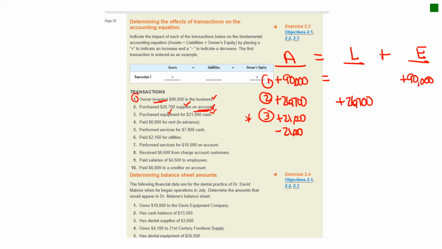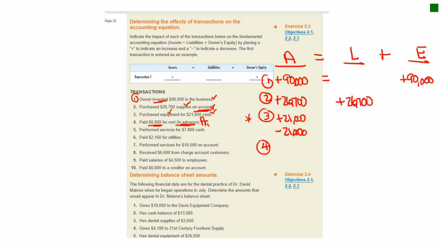And of course, later on, we'll be much more specific in terms of where to put these. But we'd put $21,000 into an equipment account, and we take the $21,000 out of the cash account. So this is just a wash on your assets, a plus and a minus, an increase and a decrease to your assets.